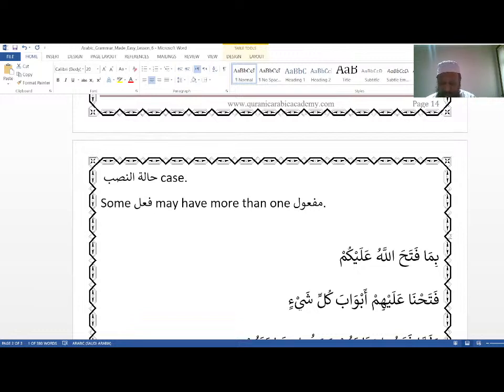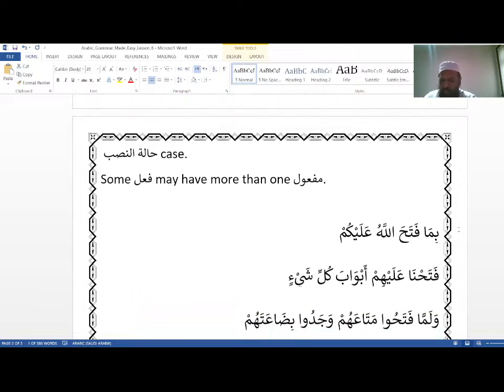By the way, it is the plural of babun, door. Abwaba, doors. So we are saying we have opened the doors of everything for them. Kulli shay. We have opened the doors of everything. Good. Next one.